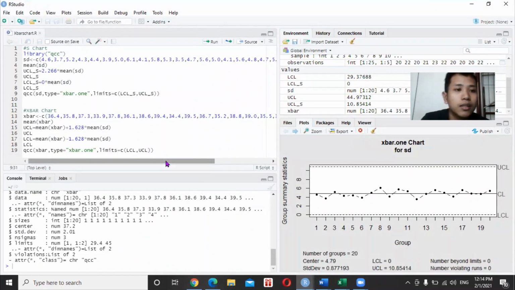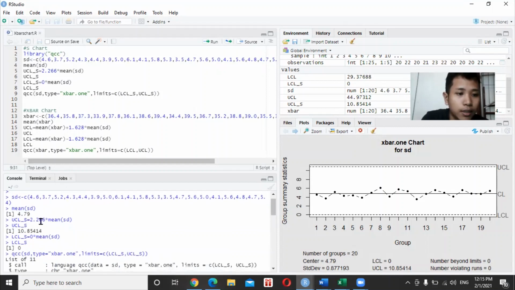Okay, so this is the coding for the S chart and S bar chart. What you have to do first is library(qcc), the package for quality control charts. Then use the function sd, put in every single sample standard deviation of the 20 samples, and then use the function mean of sd to find the S bar.